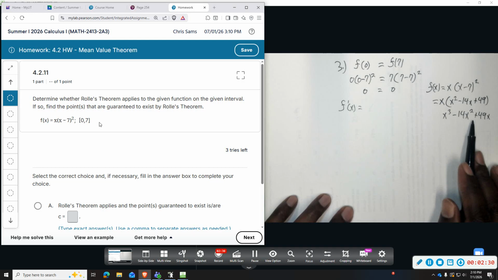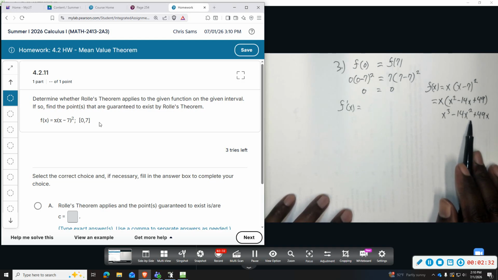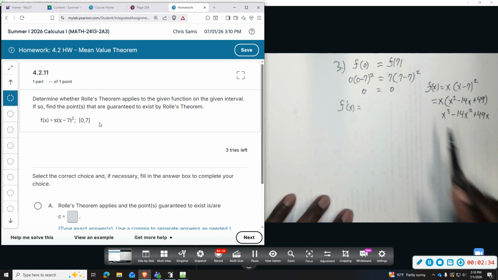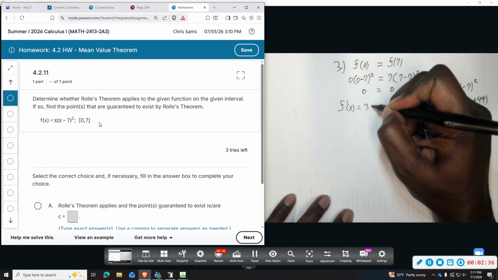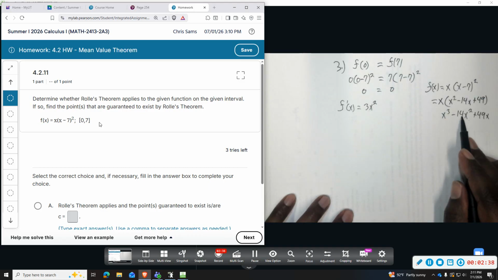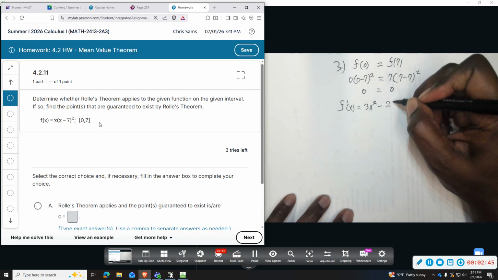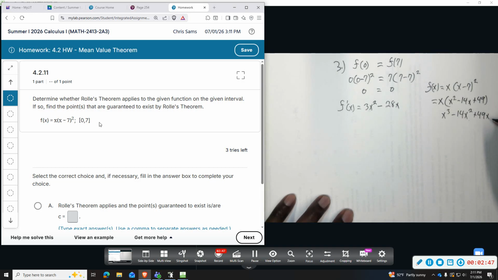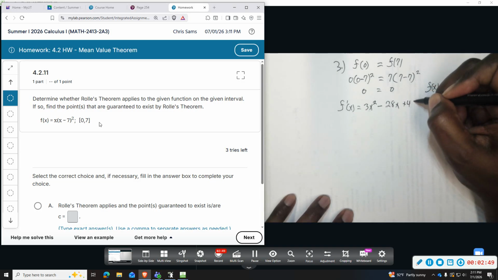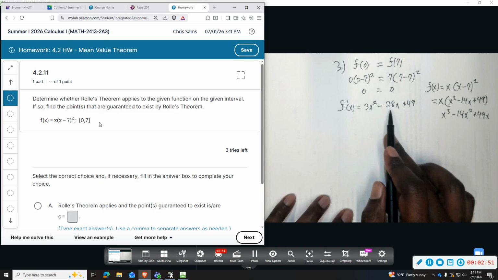Okay, we're going to take the derivative using the power rule. Alright, so it's going to give me 3x squared minus 28x, and then plus 49. We're going to set this equal to 0.